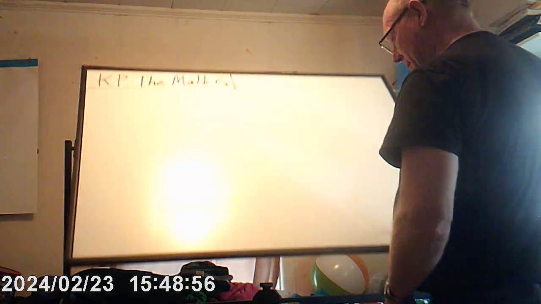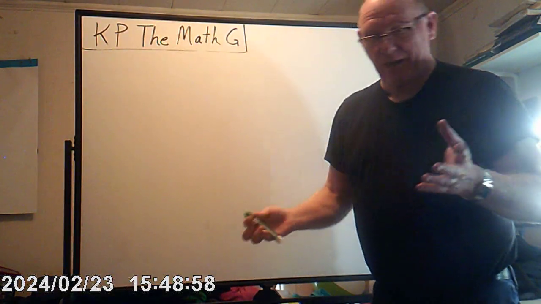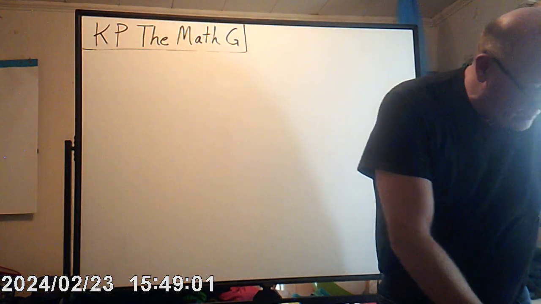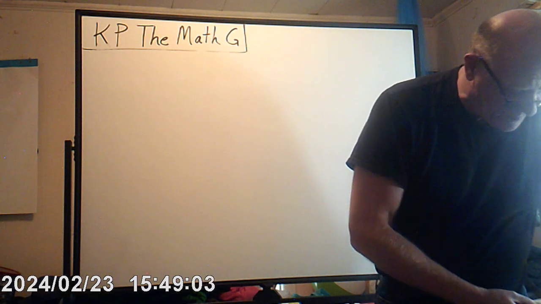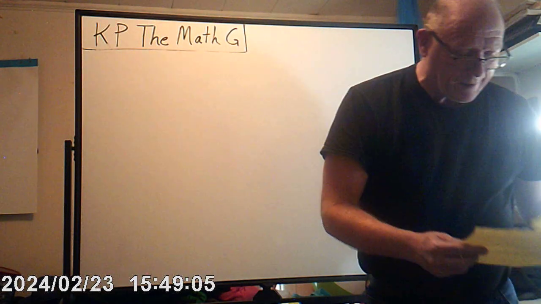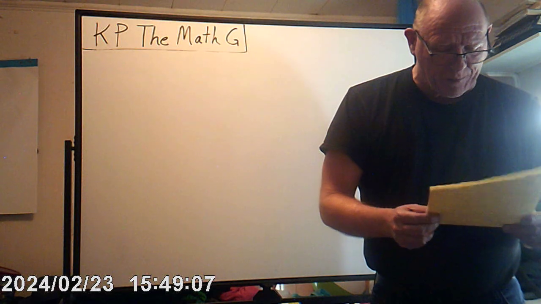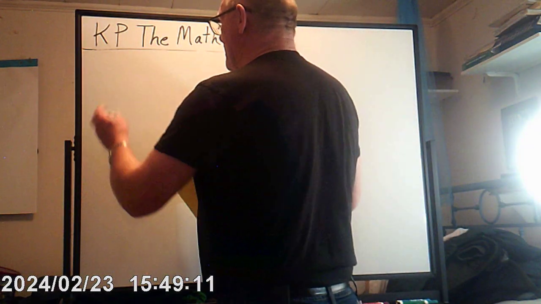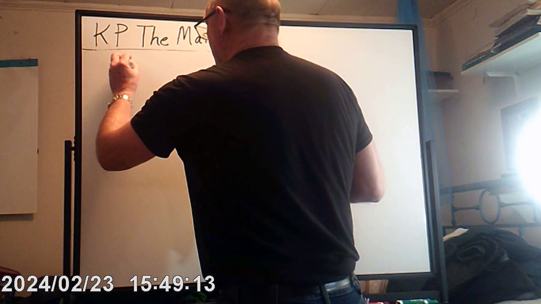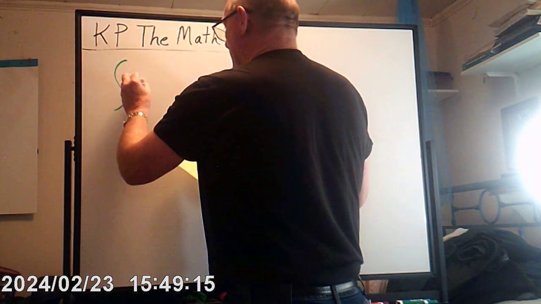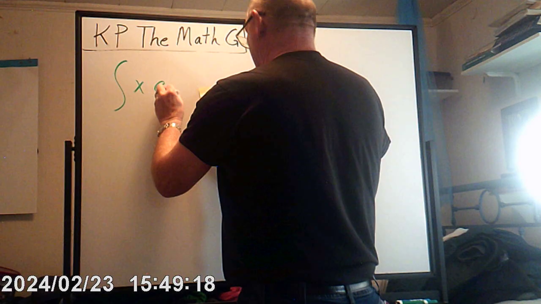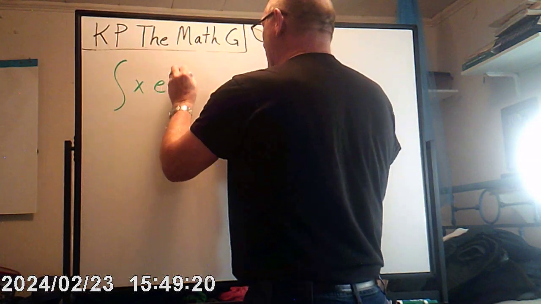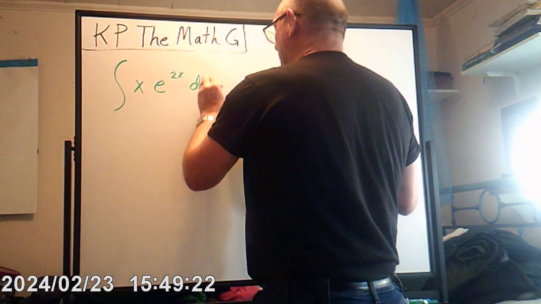Let's do one more. I don't like to just leave you with one single example. Why do that when you can do it again? I gave this problem yesterday. I want to show you how much shorter it's going to be. I want to integrate x e to the 2x dx.